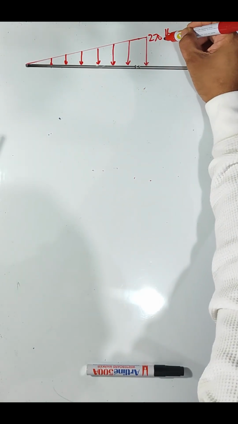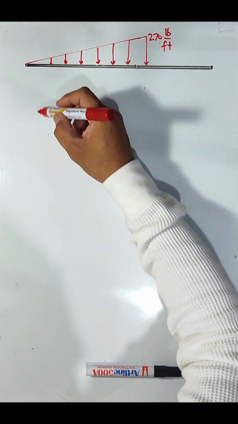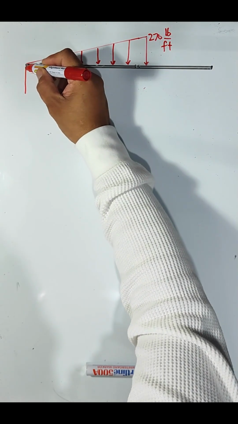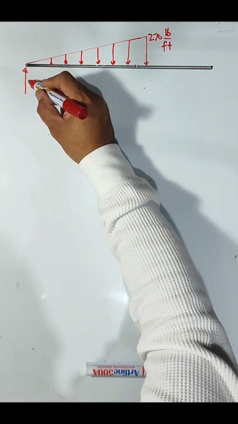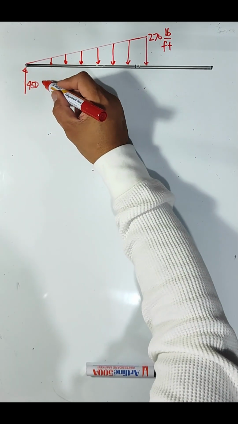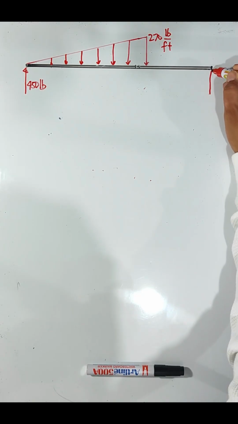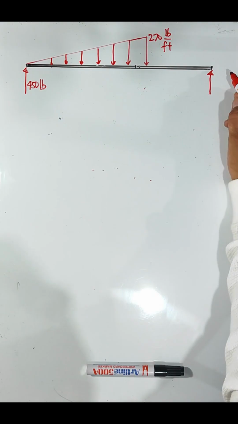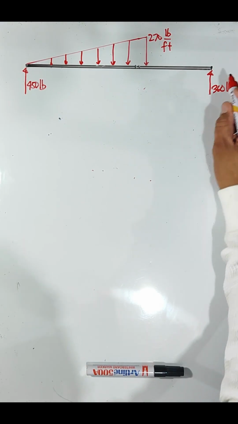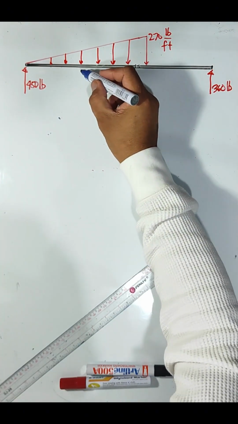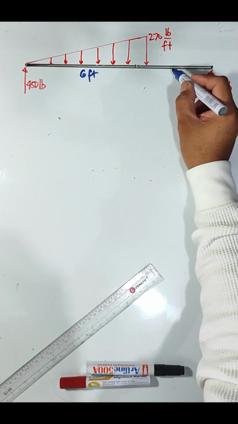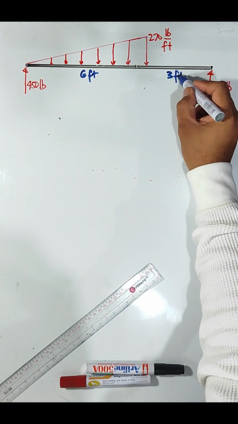The load is 270 pounds per foot. Reaction R1, we already solved, is equal to 450 pounds. And this reaction here is 360 pounds. This one is 6 feet. This one here is 3 feet.